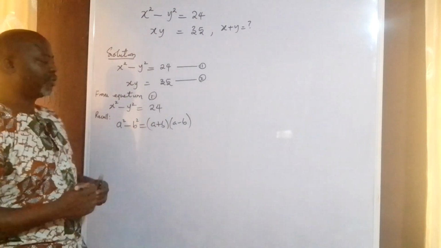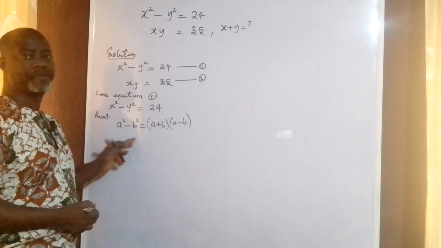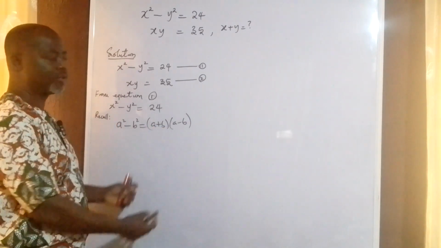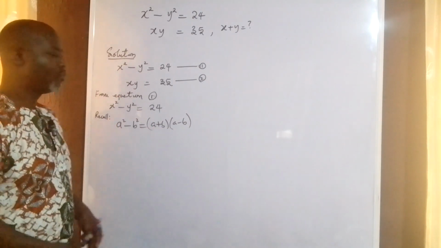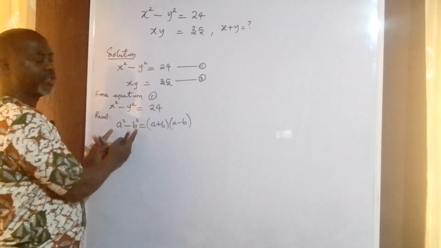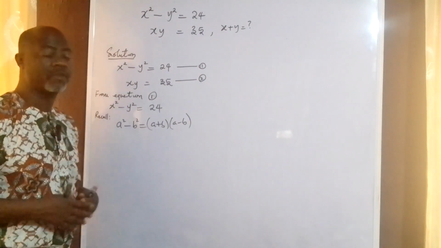The reason is simple. This is a difference of two squares, and the identity for the difference of two squares is a plus b times a minus b. The product of these two factors gives us a squared minus b squared, and that is called the difference of two squares.